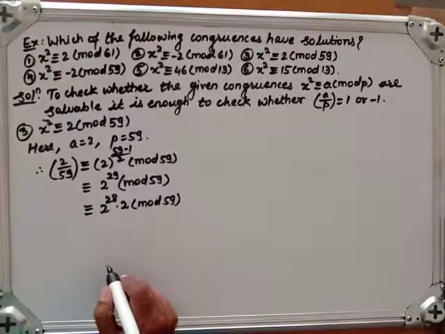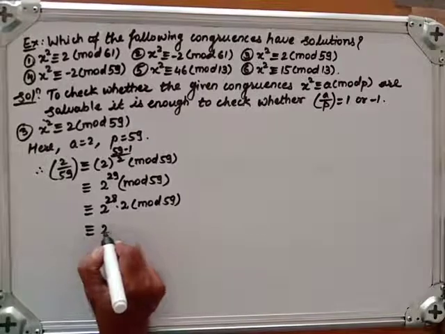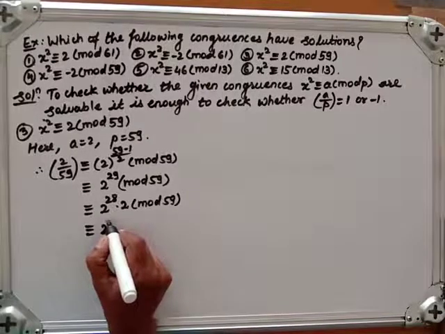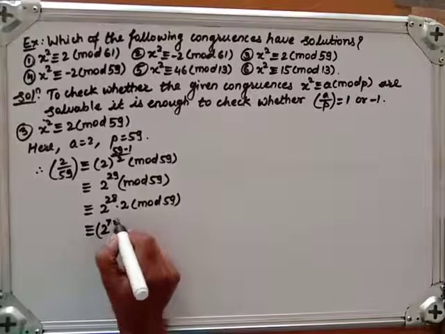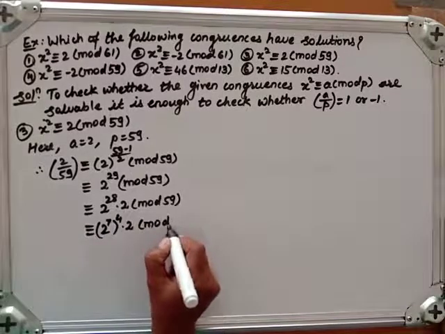59. Okay, so here this is equivalent to 2 raised to 7 raised to 4 into 2 modulo 59.